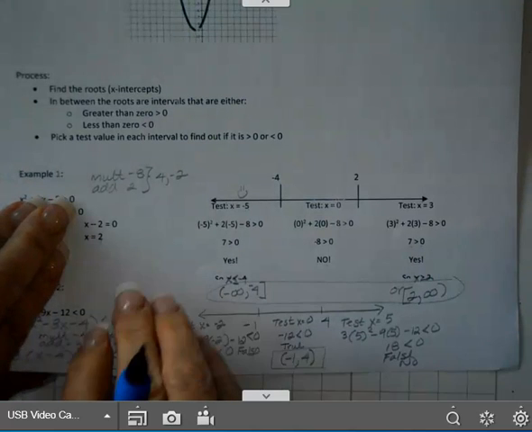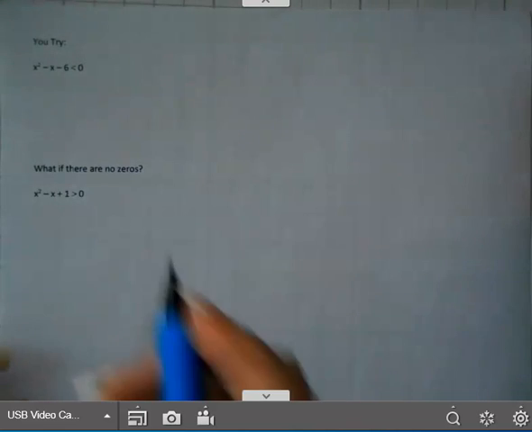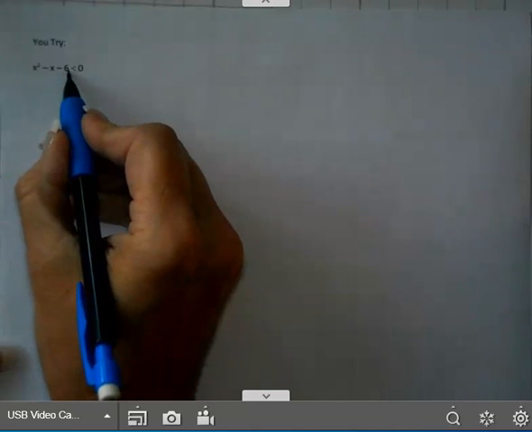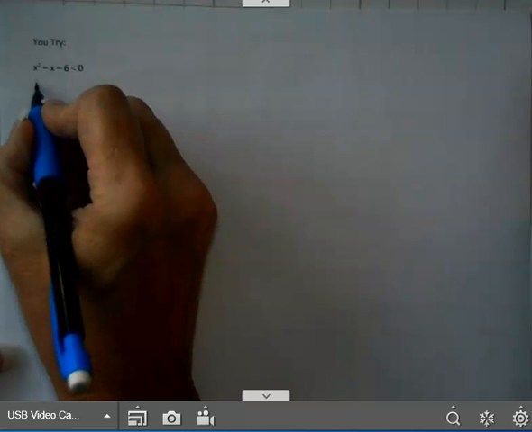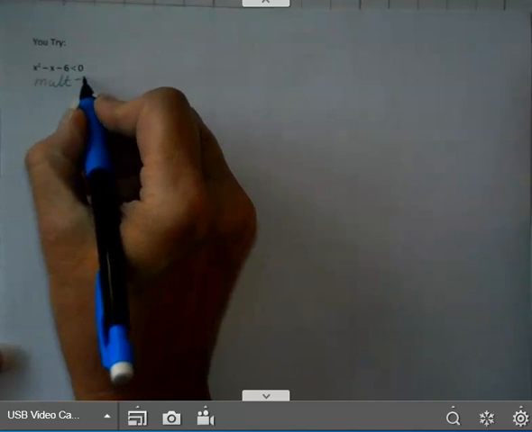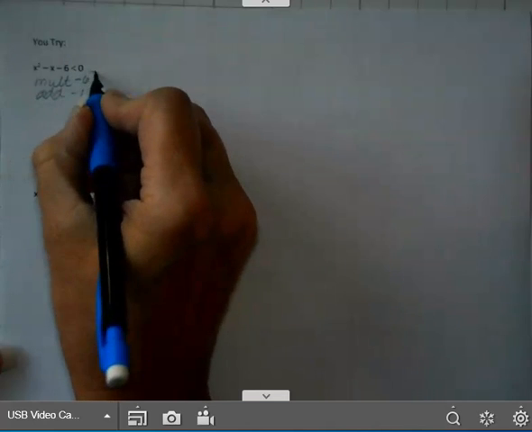I'm going to have you go ahead and try the next one. So you might want to pause the video so you can try it. I want to find my intervals, so I want to find when this is equal to 0. So it needs to multiply to -6 and add to -1.